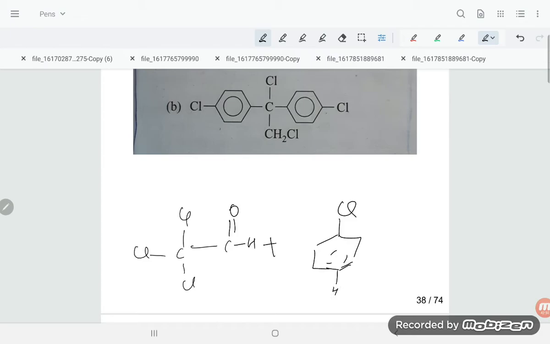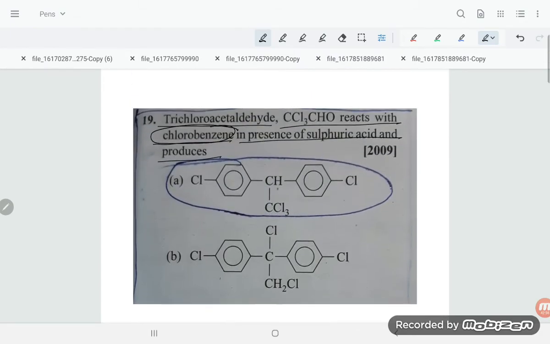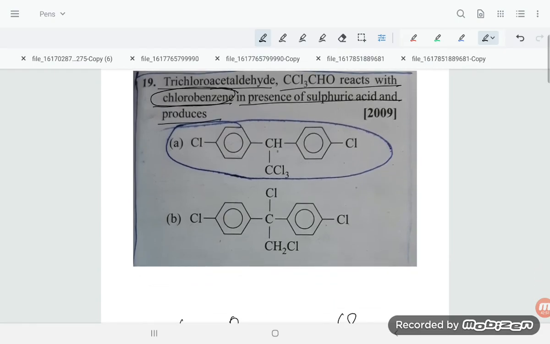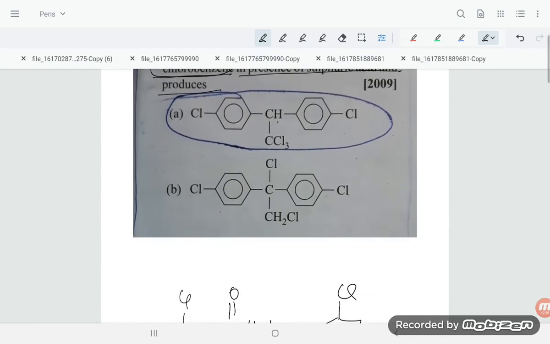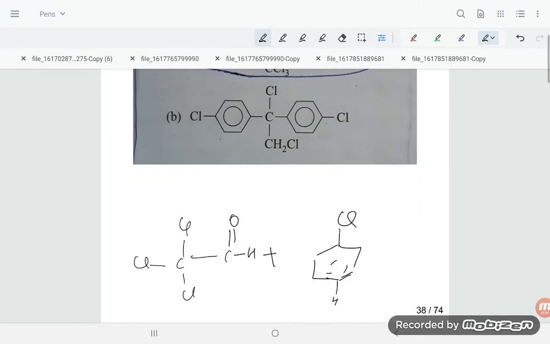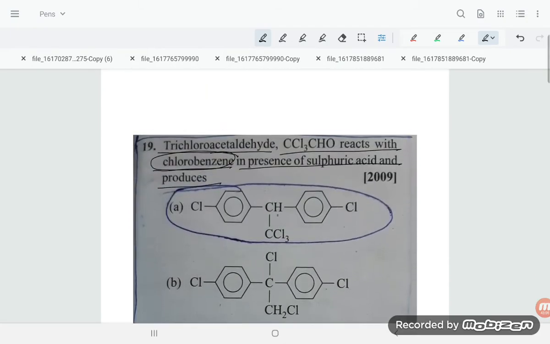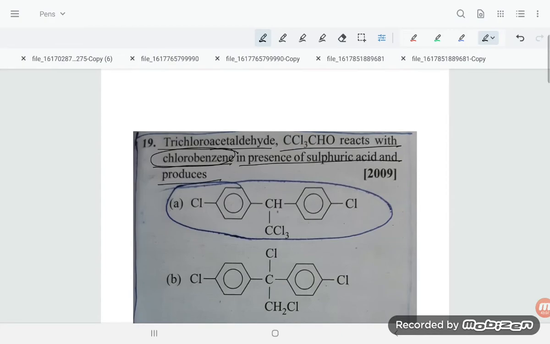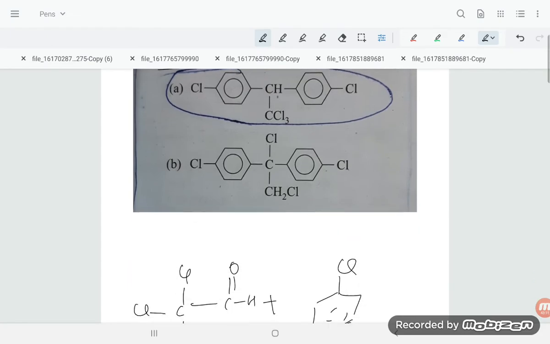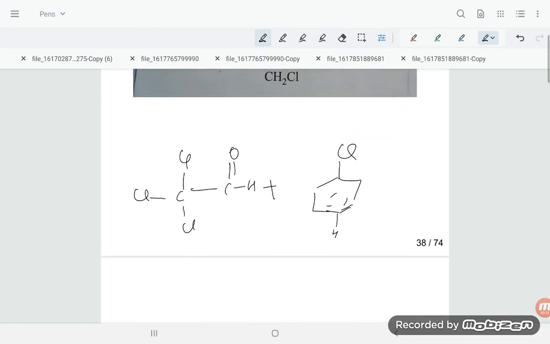Okay, so dear student, you can check the product formation. Trichloroacetaldehyde reacts with chlorobenzene in the presence of sulfuric acid.